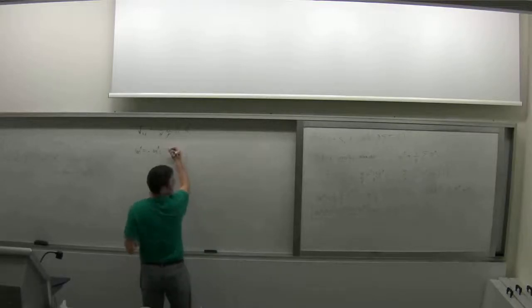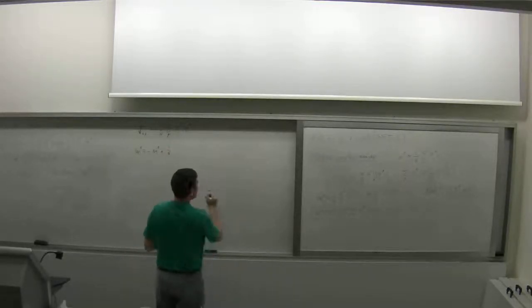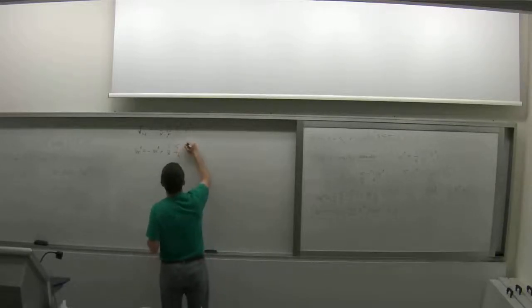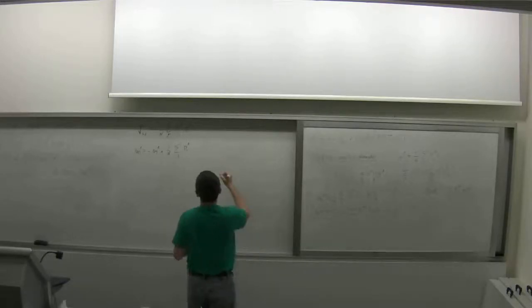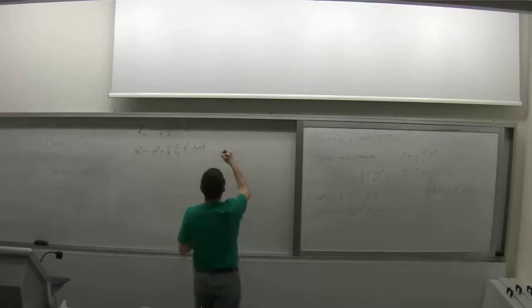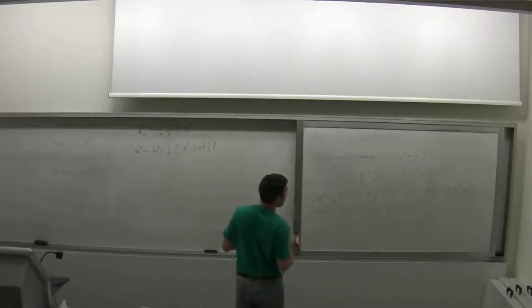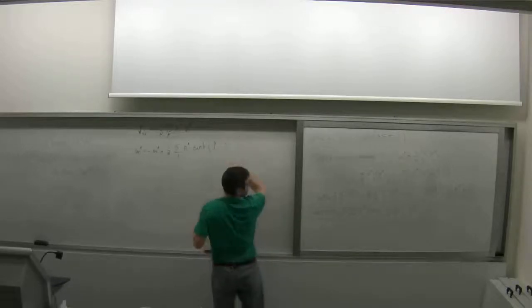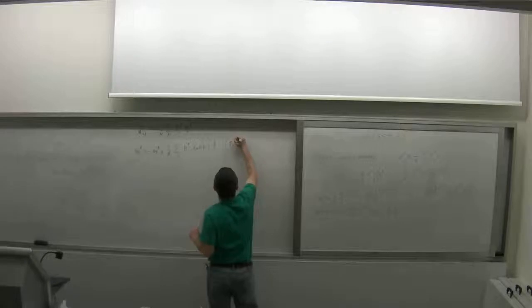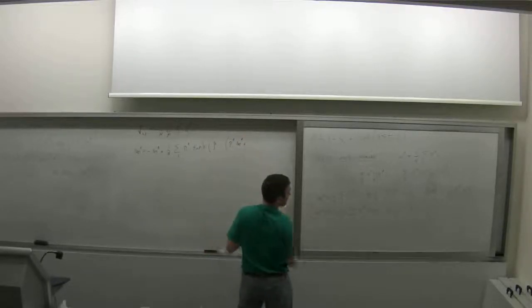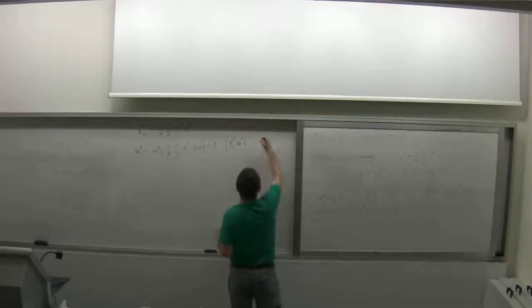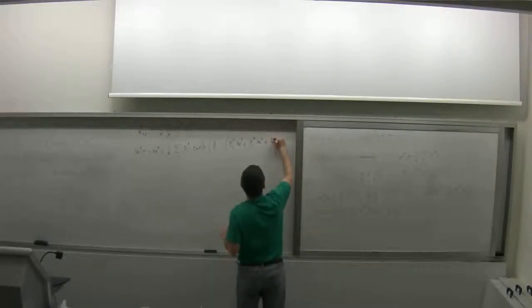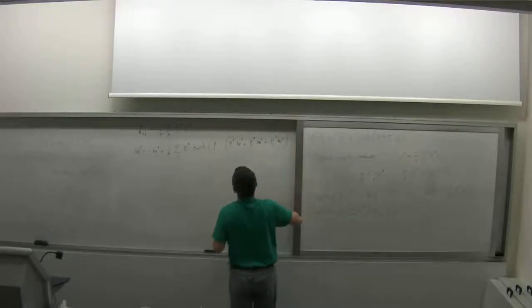M1 dot is equal to minus M1 plus 1 over n sum over i of pi1 hyperbolic tangent of beta times pi1 m1 plus pi2 m2 plus pi3 m3.